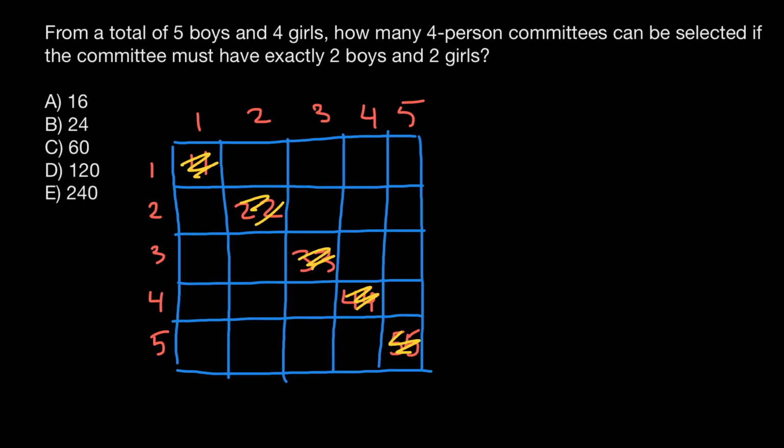And now let's think what other unique combinations of 2 people we may get from a group of 5 people.